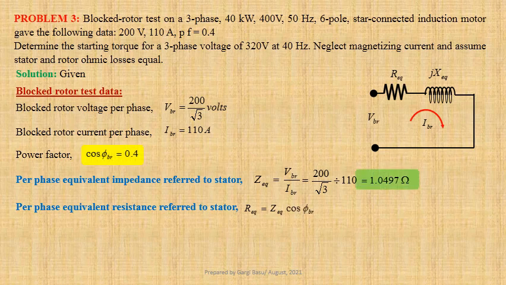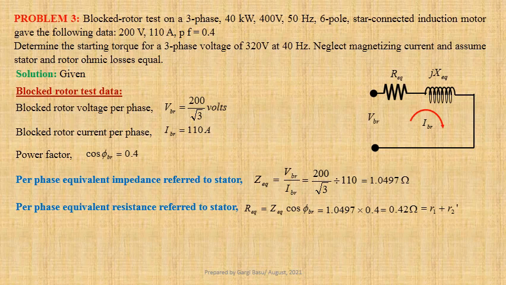Using values we get 1.0497 into 0.4, that gives us 0.42 ohm, that is equal to R1 plus R2 dash, where R1 is the stator resistance per phase and R2 dash is the rotor resistance per phase referred to stator side.